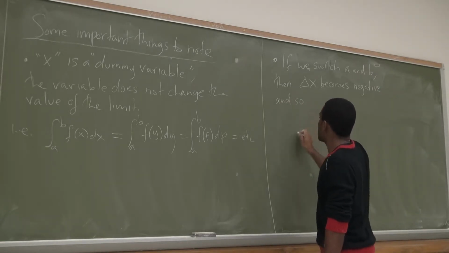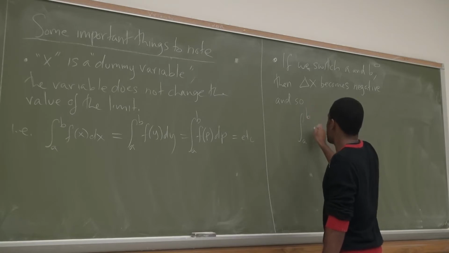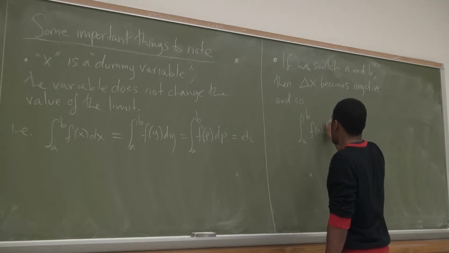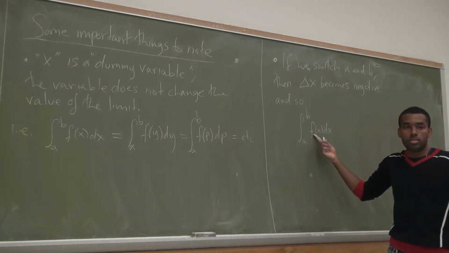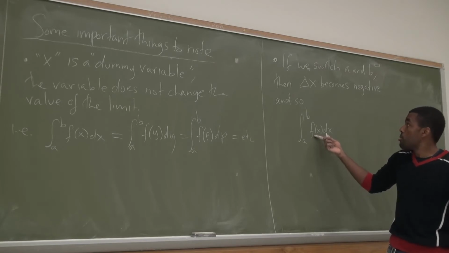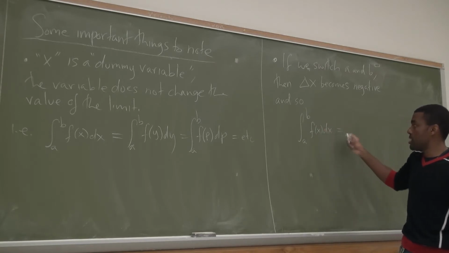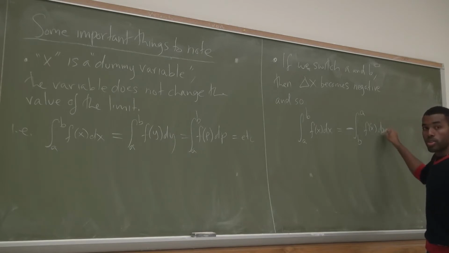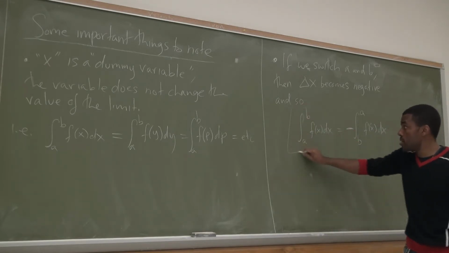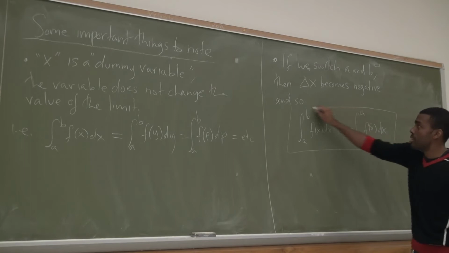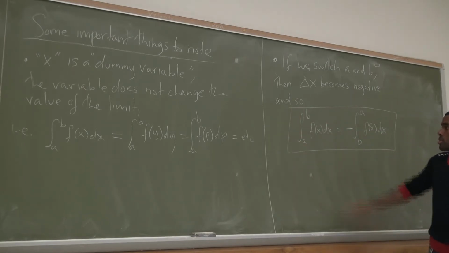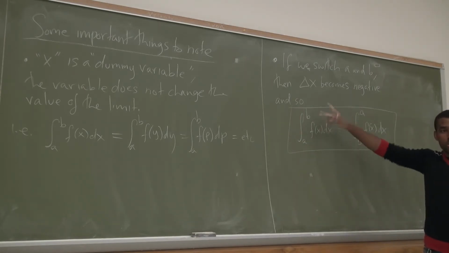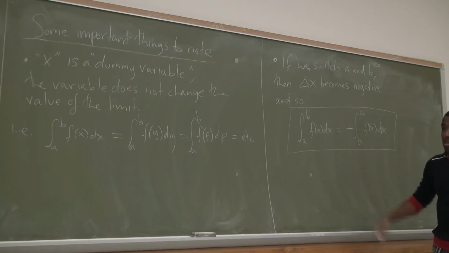And so, the integral from A to B of f of x dx, remember, this is the summation of something times delta x. But if I switch A and B, the delta x becomes negative. So it means that if I switch the limits on an integral, the result is the negative of the original integral. This is actually a very, very important thing. Right. So I have this integral, and I switch the numbers, I have to put a negative sign here.